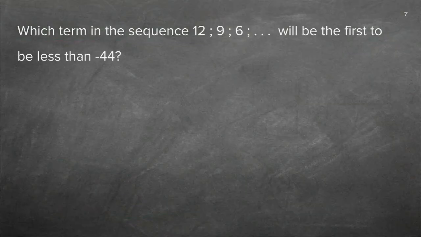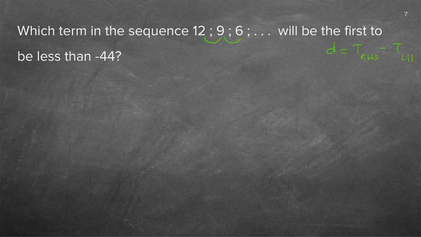Remember what we said? We first check, is this an arithmetic sequence? Now I wonder if you can remember. Is that common difference here 3 or minus 3? What do we always do when we say common difference? We say term right-hand side minus term left-hand side. And that will be 9 minus 12, which gives me minus 3.